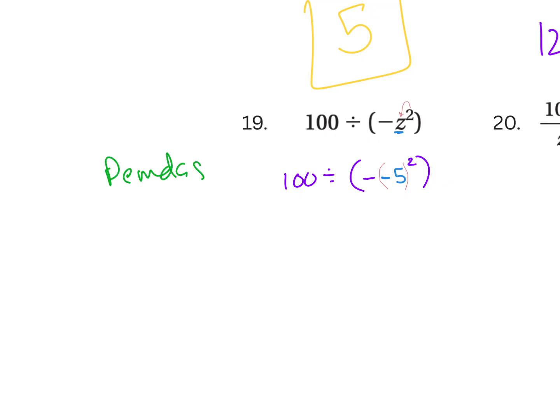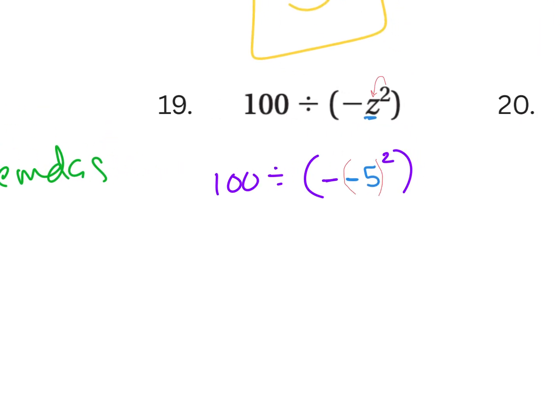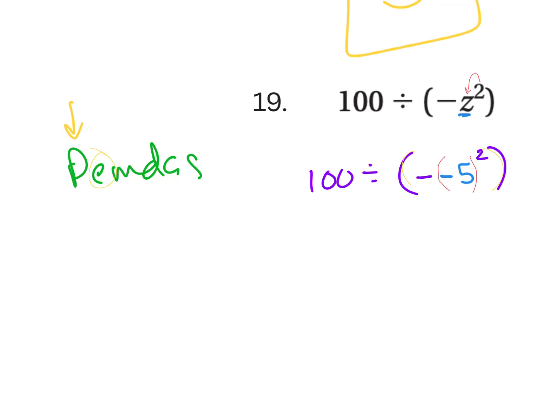We're going to go into parentheses. Well, there's like 2 sets of parentheses here. There's this one, and then we're going to go inside of that one. Okay, so inside of this set of parentheses, we're going to do the exponent first.